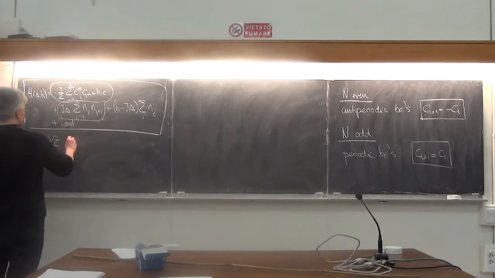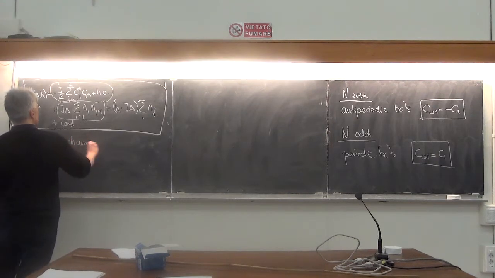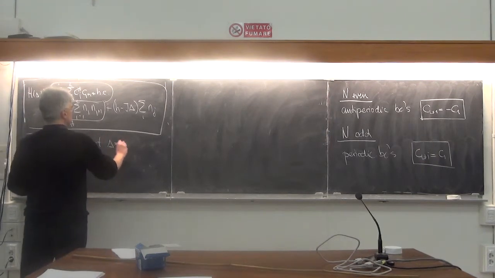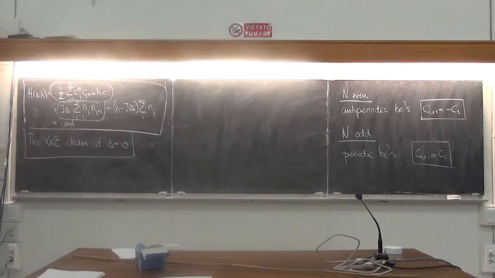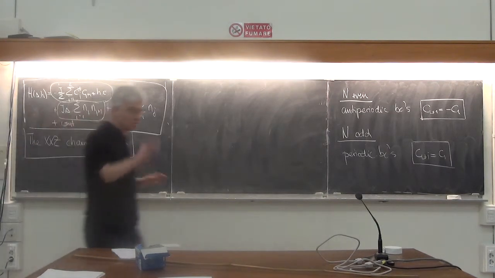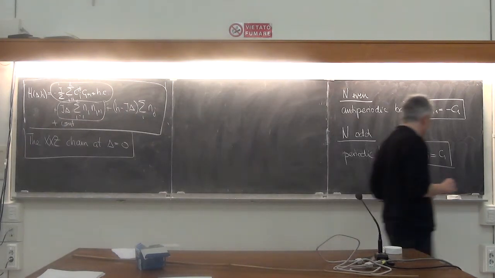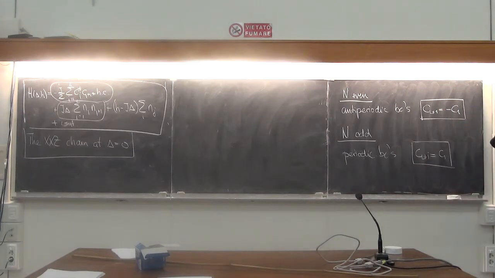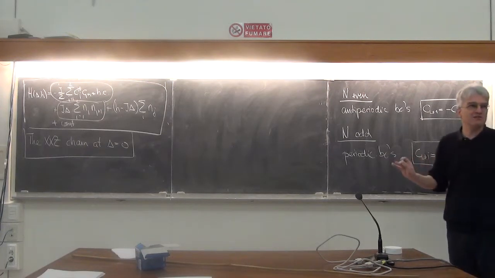So the XXZ chain at delta equal to 0, that's the first thing I want to discuss in a little bit of detail, probably more detail than you'd like, but there's a reason for this, in order to anchor what comes afterwards. So I will spend a fair bit of time now talking about a free theory.